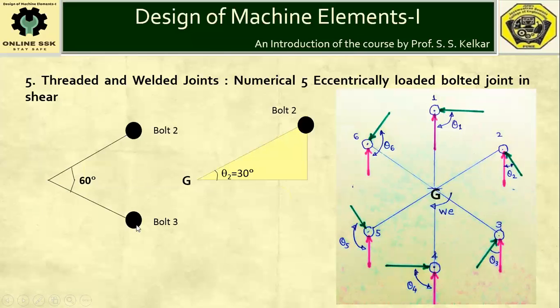So say bolt number 2 and bolt number 3 will subtend angle of 60 degrees at the center. Therefore, angle theta 2 as subtended by bolt number 2 with G will be equal to 30 degrees, and that will be the same as the angle theta 2 subtended between primary and the secondary force.